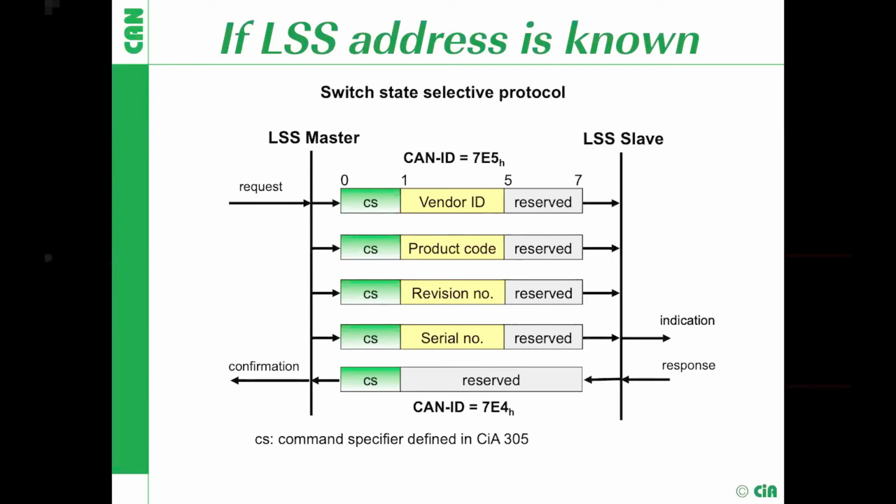Then the LSS address can be identified, and the LSS master will switch this LSS slave into configuration state, so that the LSS master is able to modify the local layer settings such as the node ID.